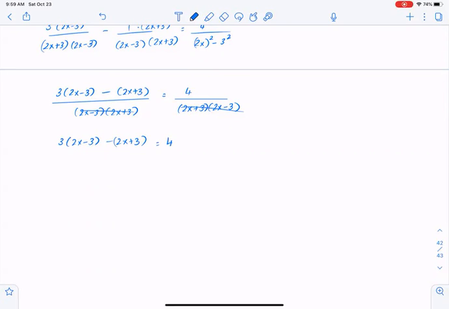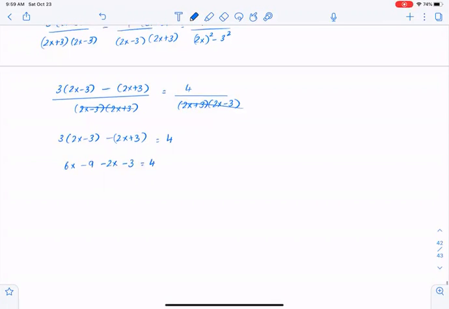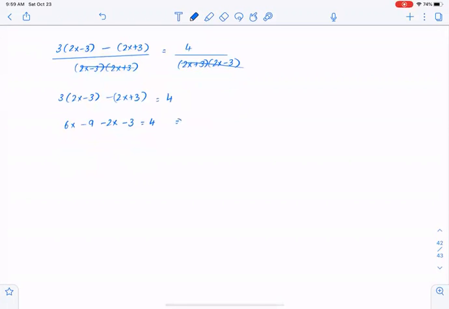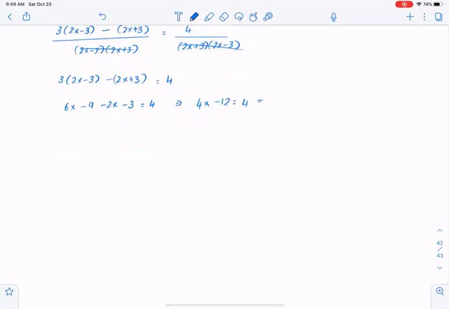Distribute the 3, distribute the negative. 6x minus 9 minus 2x minus 3 equals 4. 4x minus 12, 6x minus 2x is 4x, minus 9 minus 3 is minus 12, which would equal 4. This would mean 4x would equal 16. Therefore, x is equal to 4.